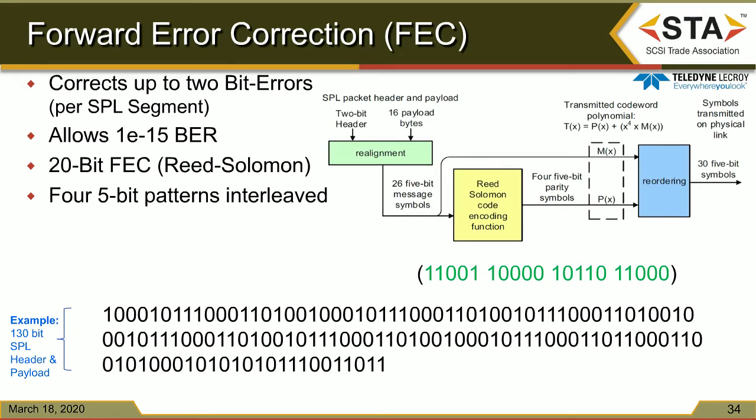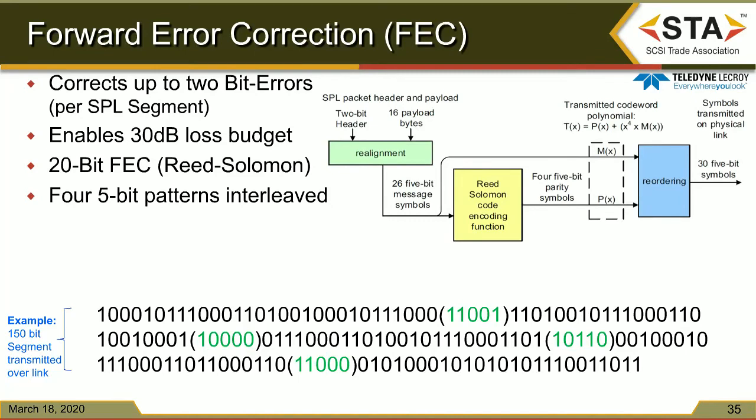They're, of course, not scrambled, but they're interleaved across the SPL segment, which helps provide even better protection for burst errors by chopping it up. And then the RSpec calculations are actually, it's really more than we can get into here. It's pretty complicated. So I'll just touch on the test implications.